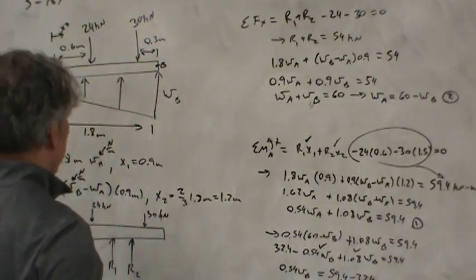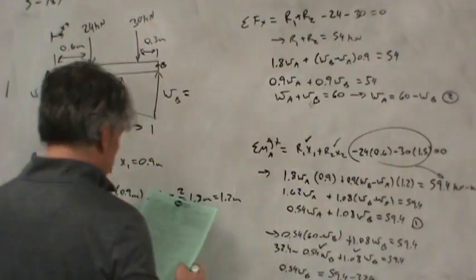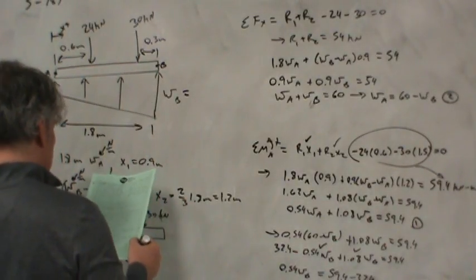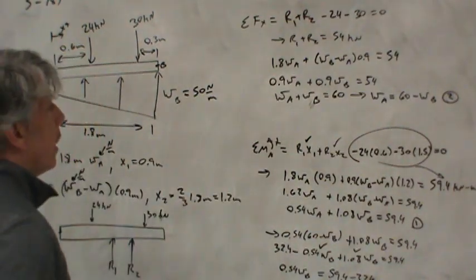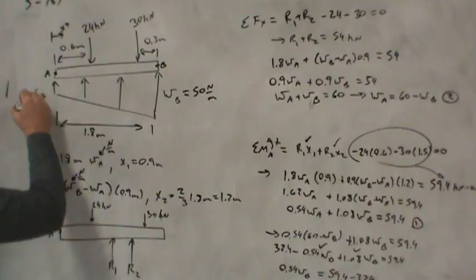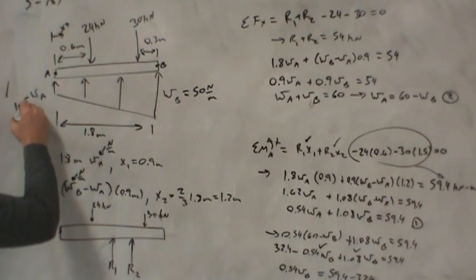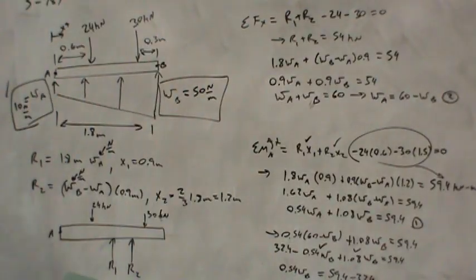When you finally solve for WB, by taking the difference here and dividing by 0.54, you will find that WB is equal to 50 newtons per meter. Now, since WB is 50, 60 minus 50 tells us that WA is 10 newtons per meter. So that gives us WA and WB, the magnitude of the distributed load at either end of this. I suppose it's a slab or something.